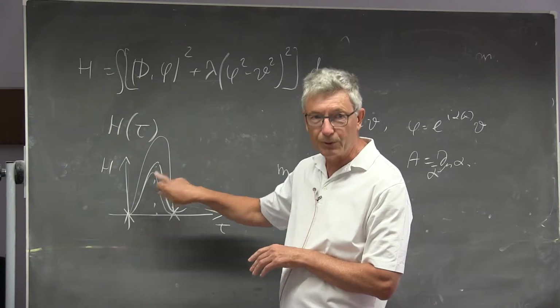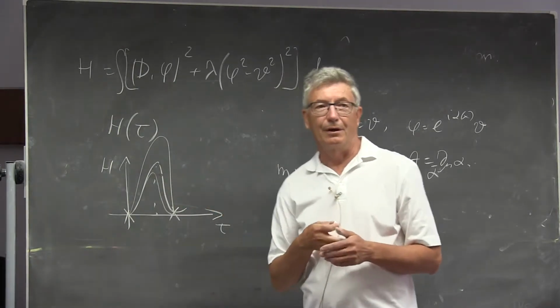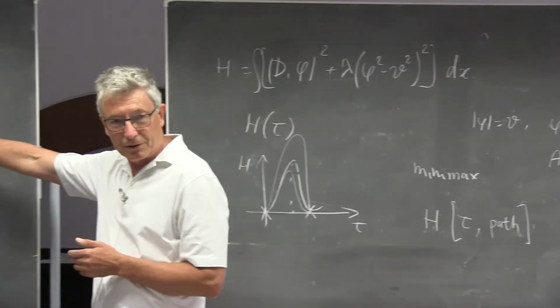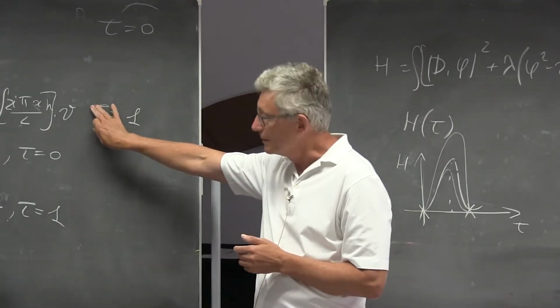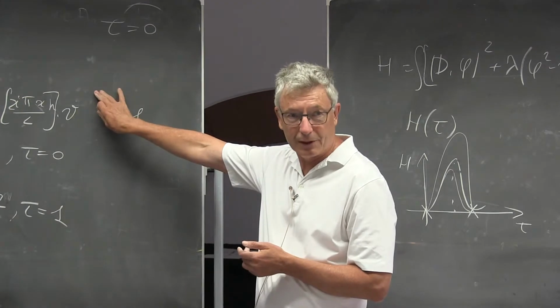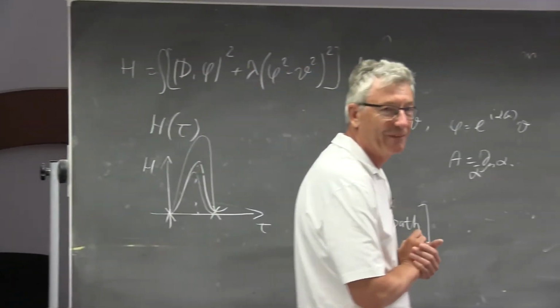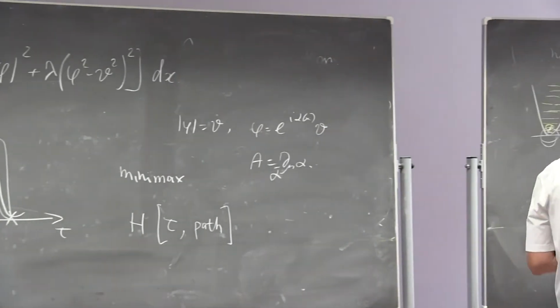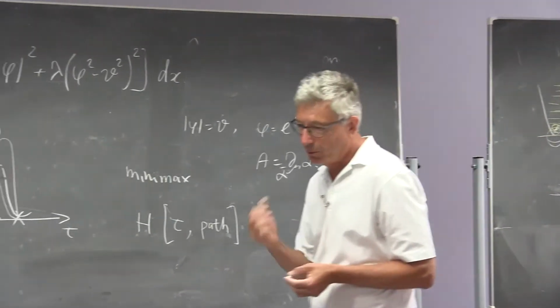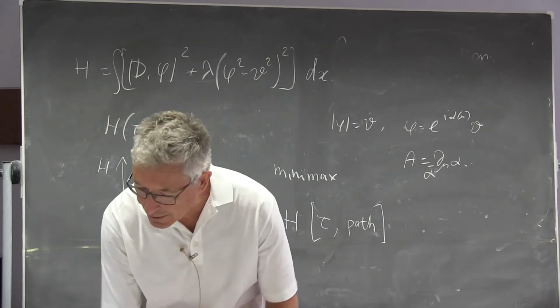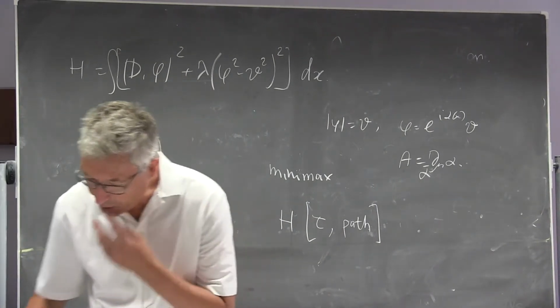So this number cannot be 0 according to this construction. So just some number. Okay. And we will see what this number is.